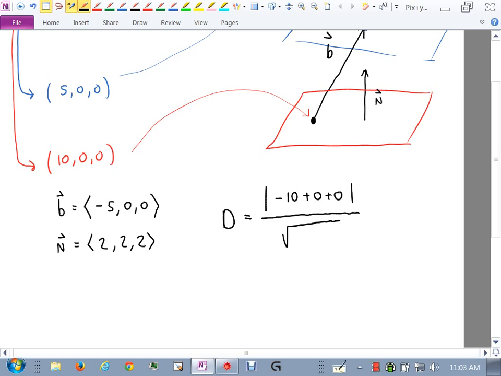So magnitude of 2 squared plus 2 squared plus 2 squared, which is 10 over root 12, right? We could simplify that or clean it up, but that's it, right? 10 over root 12.